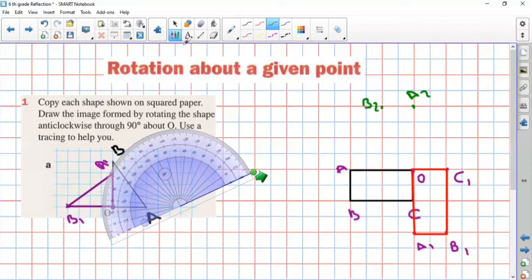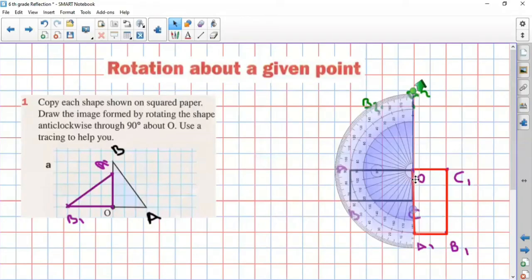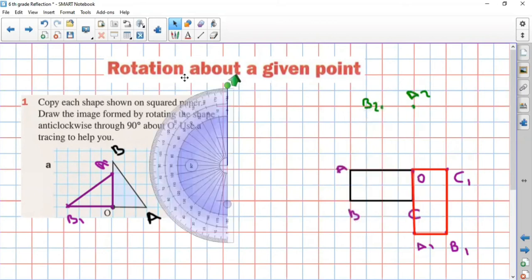Now we have to measure for point C. So OC, C 90 degree, since it is clockwise and in this direction, will come here. So we can put point C here.